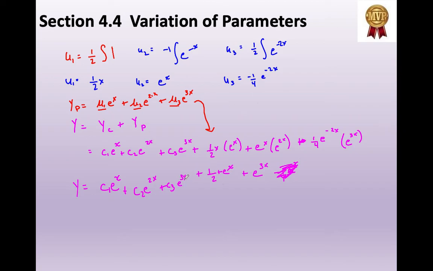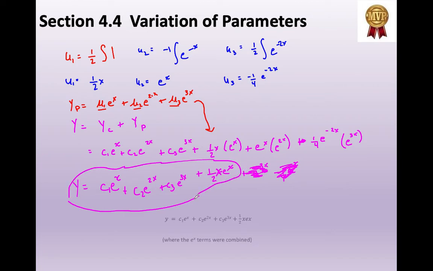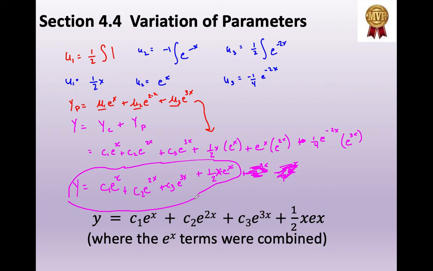Oh, wait, I have an e to the 3x over here. Well, that just gets combined. I don't need you either. Is this one going to go away too? Oh, no. It's an e to the x, but it's an x, right? There's an x here. So, this is it. Right?